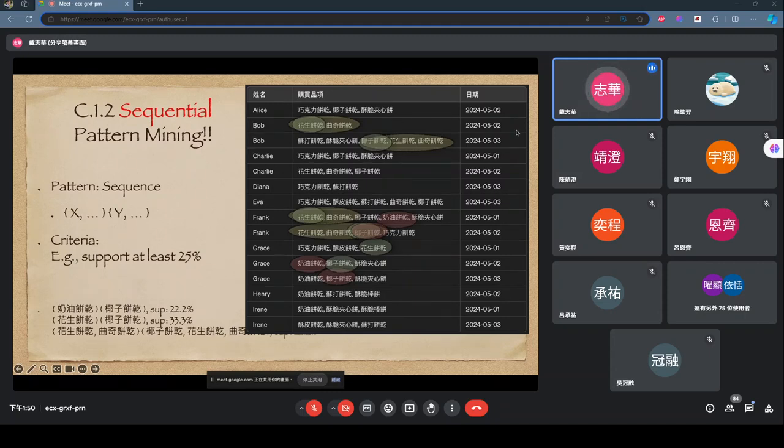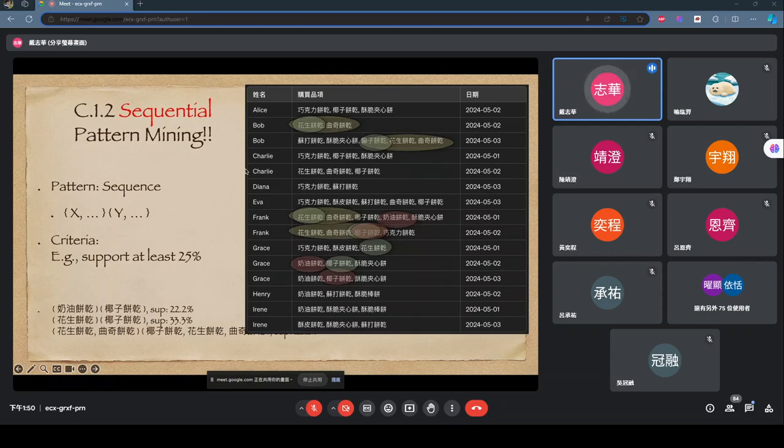His first transaction happened on May 2nd. The second transaction of Bob happened on May 3rd, right?